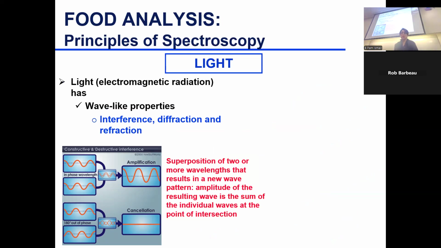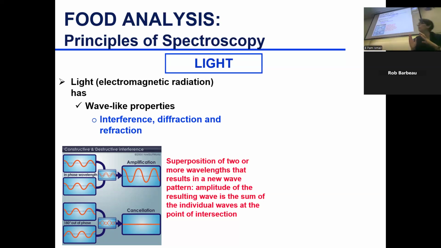There are a couple of characteristics when we talk about wave-like properties. There is something we call interference. This is really important when we talk later on about IR instruments and how light is projected within an IR instrument.